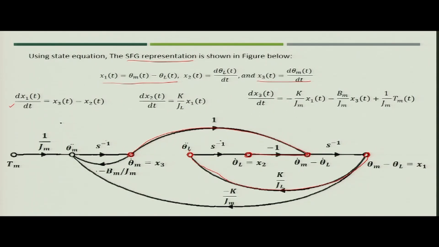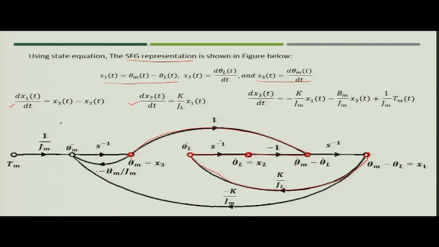Now, theta l double dot, if you integrate, you will get theta l dot, that is nothing but x2. So, you have one integrator link with s to the power minus 1, that is nothing but 1 by s. So, you integrate theta l double dot to get theta l dot. So, this section is complete with respect to these two equations.